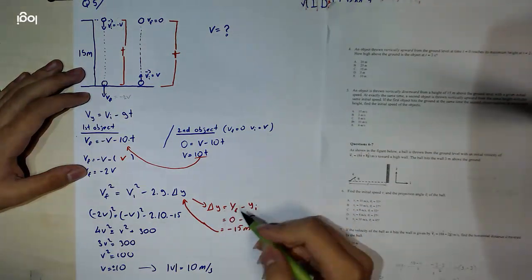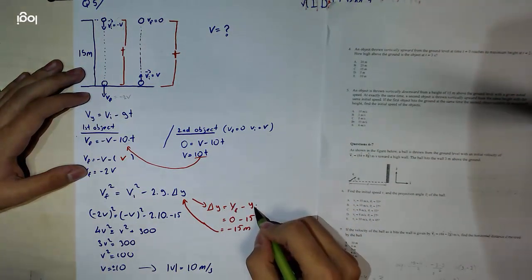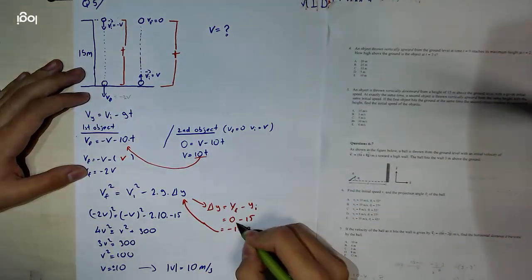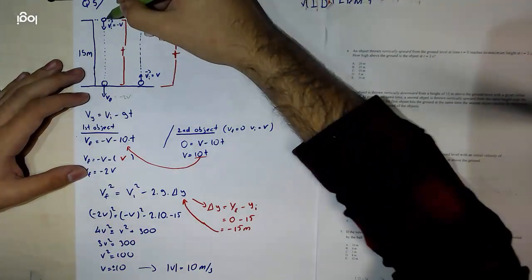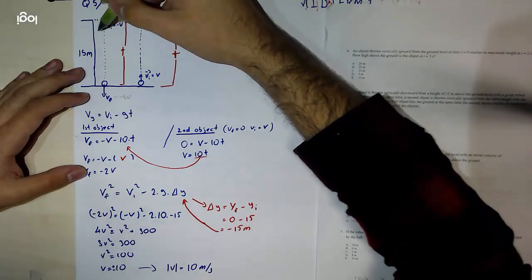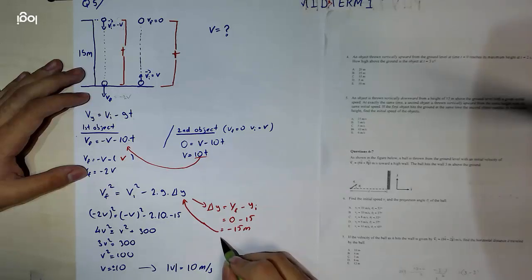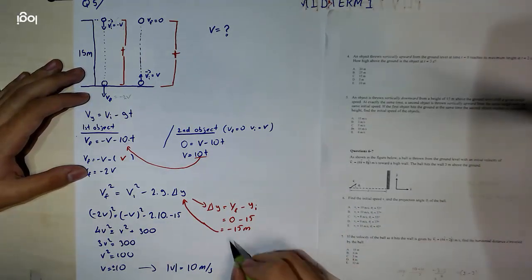Delta Y equals Y final minus Y initial. The Y final here will be 0, minus the Y initial, which equals 15 meters. So it means your displacement is minus 15 meters.